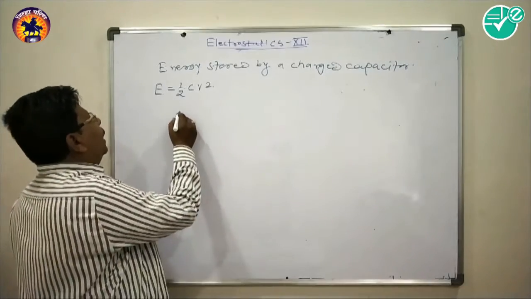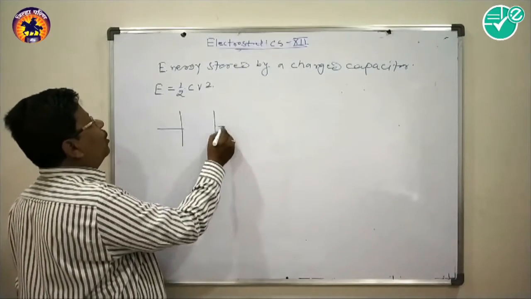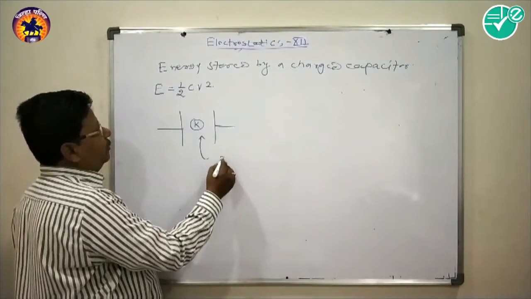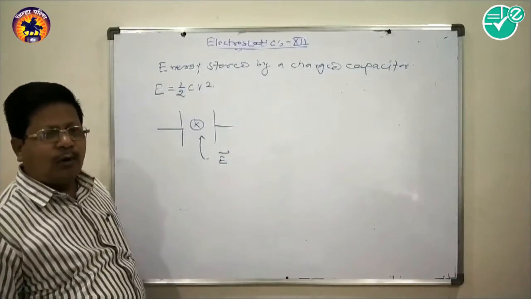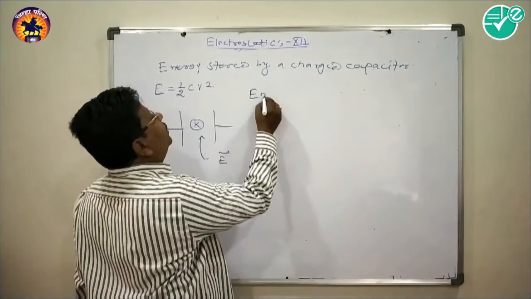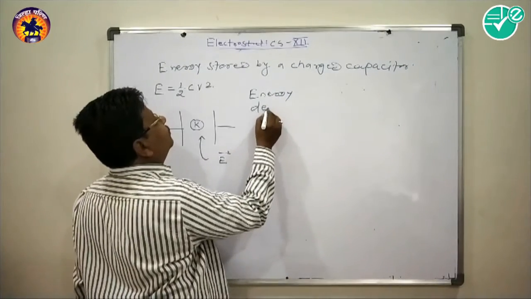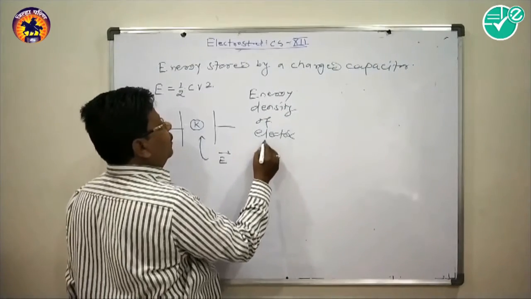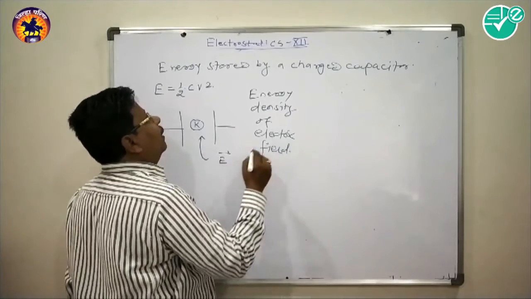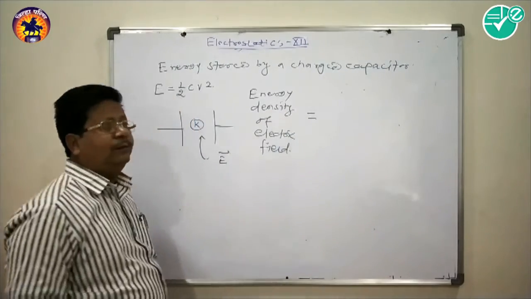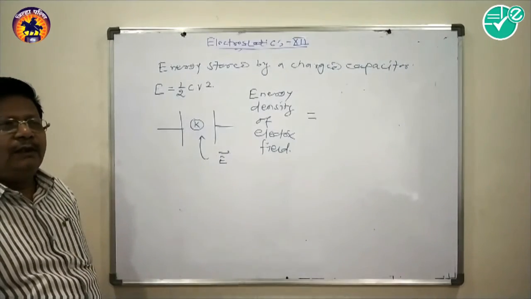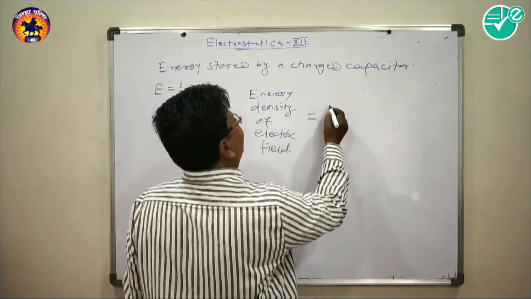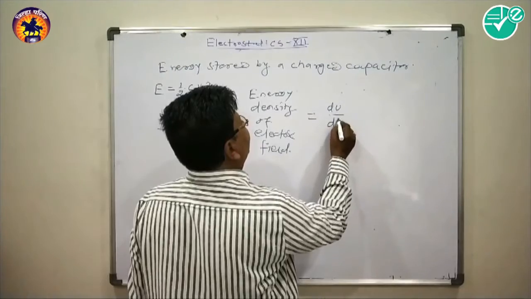Now, as this capacitor stores the energy in its electric field, therefore, the energy density of electric field is equal to, so energy density per unit volume is given by du by dv.